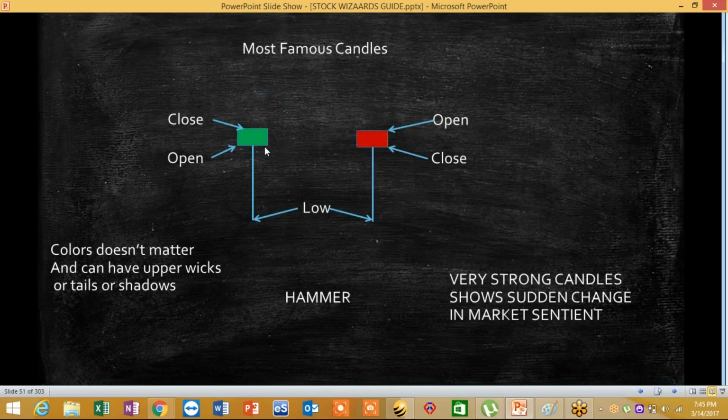Fine. This is a hammer. As this looks like a hammer shape, this is a hammer. This again is a very strong candle. Again you can understand this is also a type of rejection candle. The stock opened here, and there was a sudden fall in the prices and the stock was going low, low, low. It made a new low.